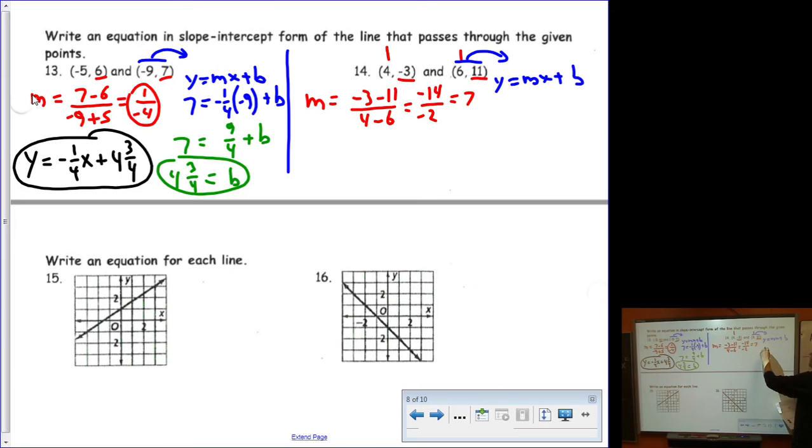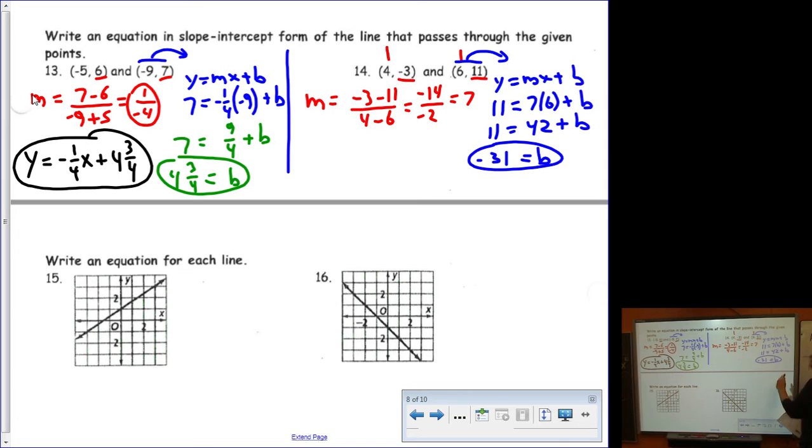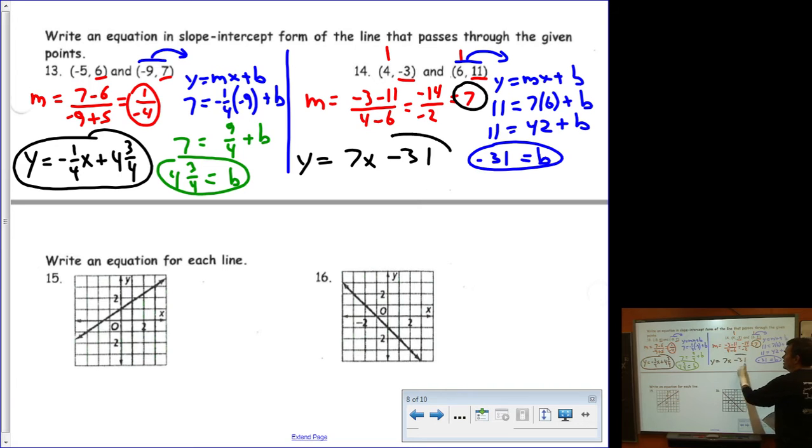That would be 11 equals 7 times 6 plus b, which would be 11 equals 42 plus b, and I would subtract 42 from both sides and get b equals -31. Now that I know my slope and I know my y-intercept, I can write my equation. Y equals 7x minus 31.